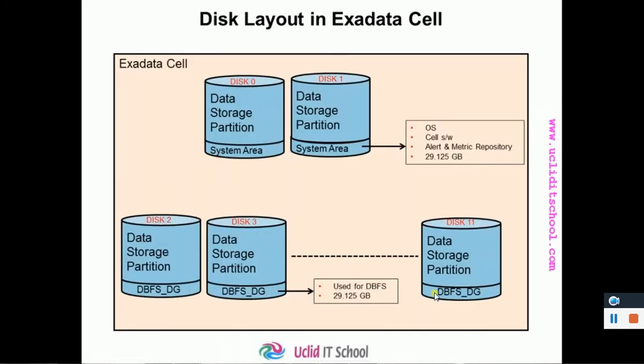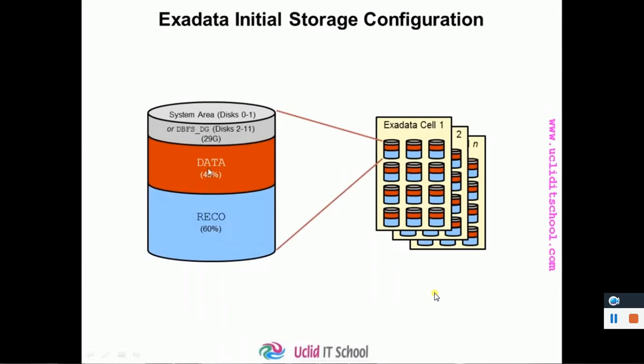The OneCommand utility creates two grid disks on this free space. One is named in the form of data, the second is named in the form of reco. Ultimately the entire storage is used to configure three disk groups: one is DBFS DG, second is data, third is reco.